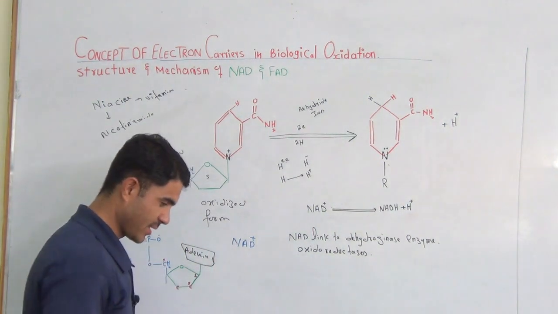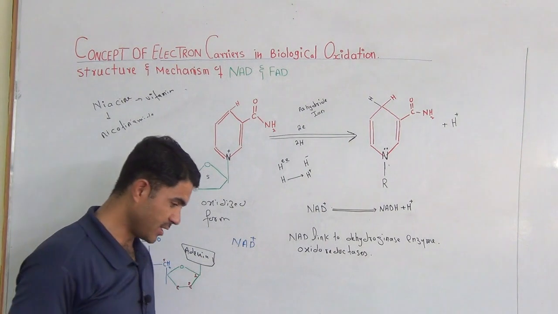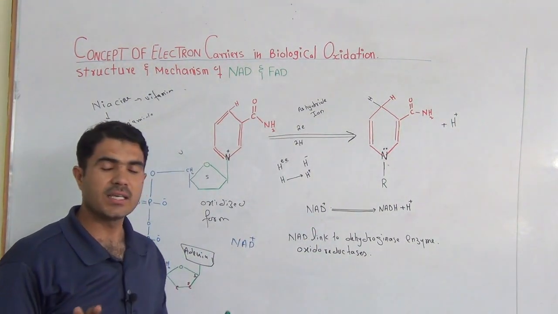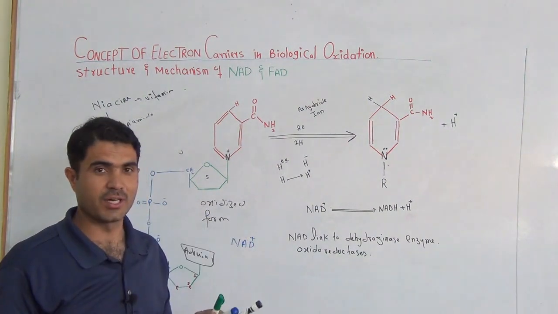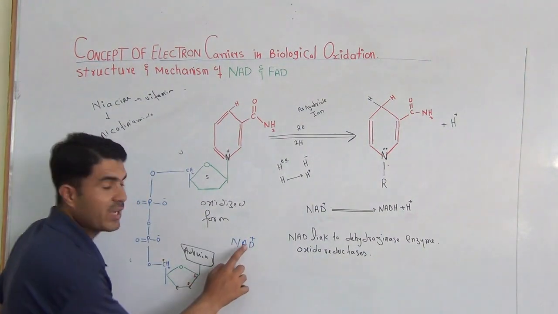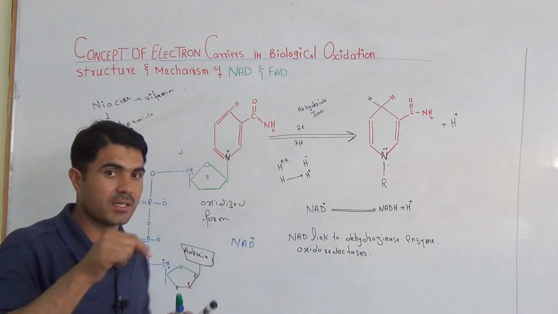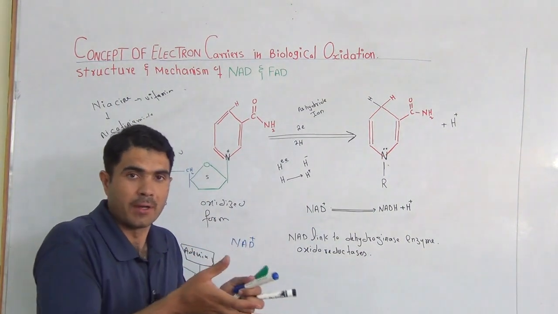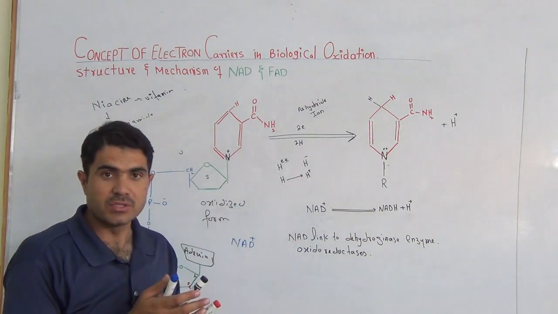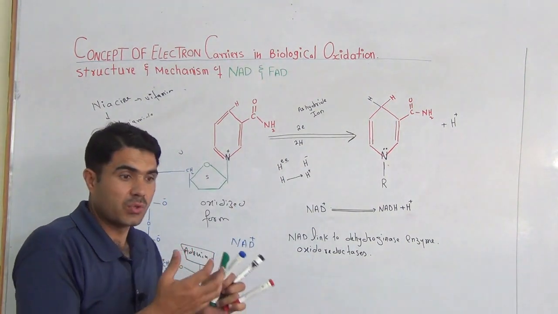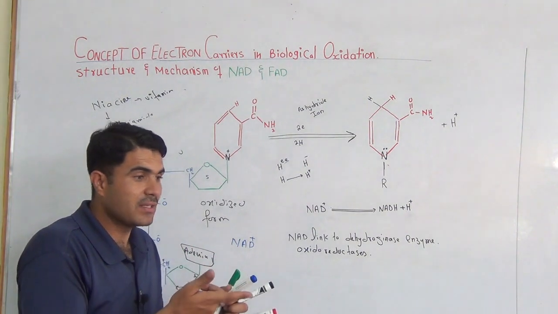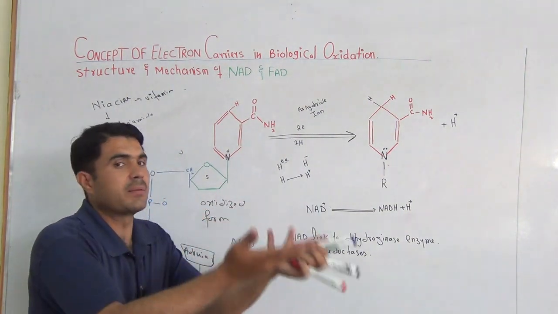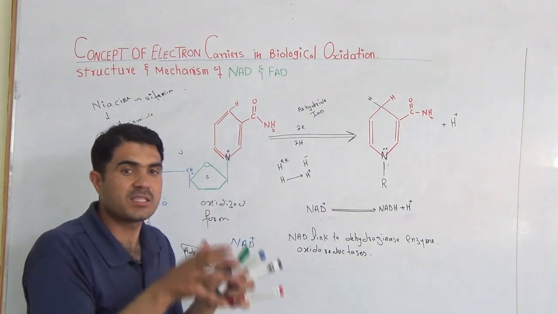And maybe this is your question number 3: is NAD plus positively charged? No. NAD plus is not positively charged. Actually, we write the plus charge on the top of the NAD to show that it needs electron to reduce. Otherwise, it is in oxidized form. It will get electron to become reduced. But it is not positively charged.